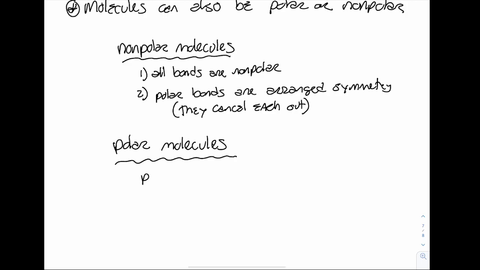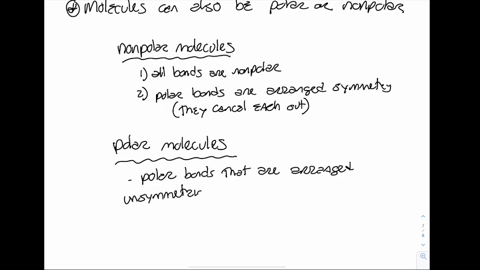So we have polar bonds that are arranged unsymmetrically. They do not cancel. And actually they sum together. So I think the easiest way to see this is to draw some examples.